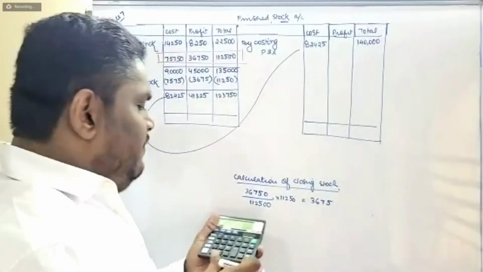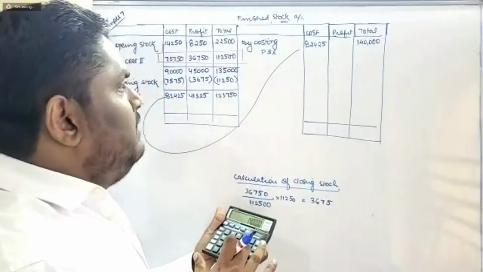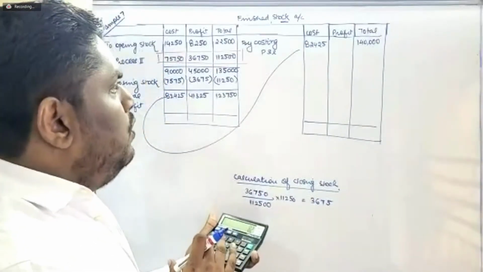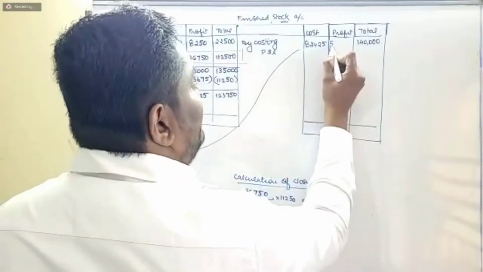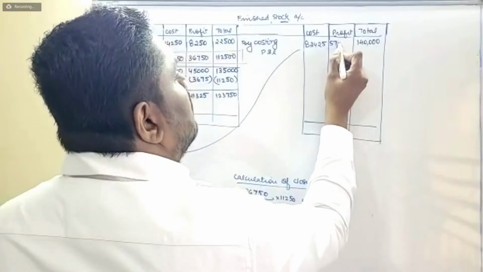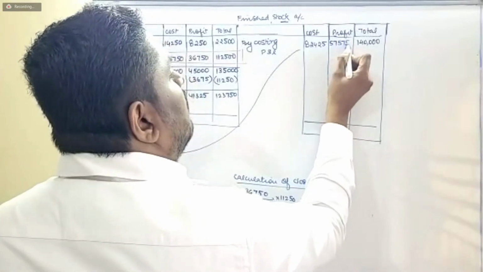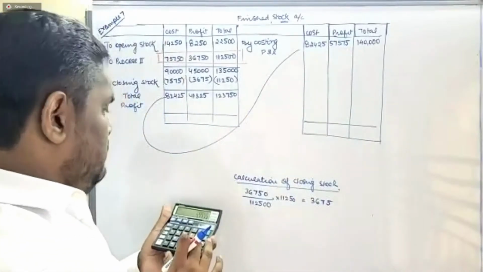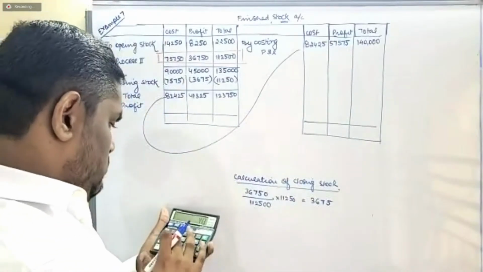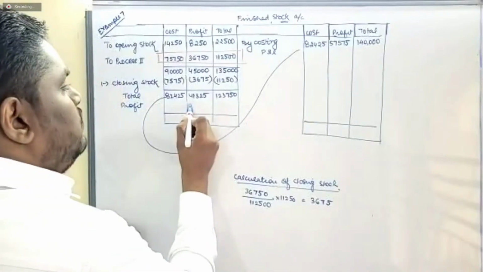So my total profit is how much? 1,40,000 minus 82,425. So my total profit is 57,575. And the balance amount for this finished stock is 16,250.